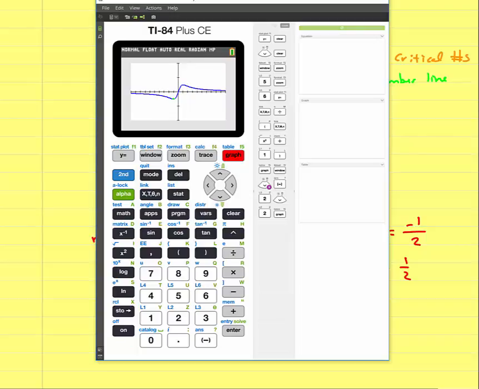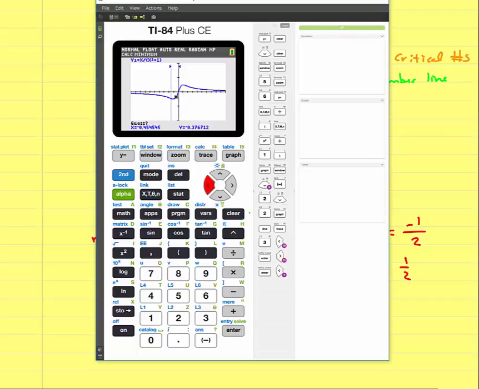Now if I wanted to figure out what was going on here with this min, you can go into second calc and then you can say, where's the minimum? So we choose minimum, and this says left bound, and I could move my arrow over, and you see that that little asterisk or star is moving. And I just need to be somewhere to the left of that minimum, and then it says right bound, and I need to be somewhere to the right of that minimum.